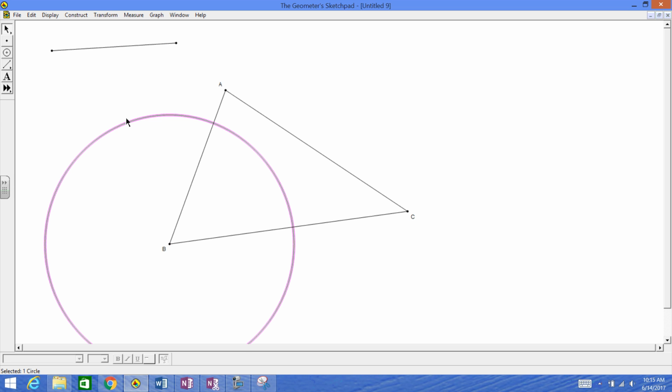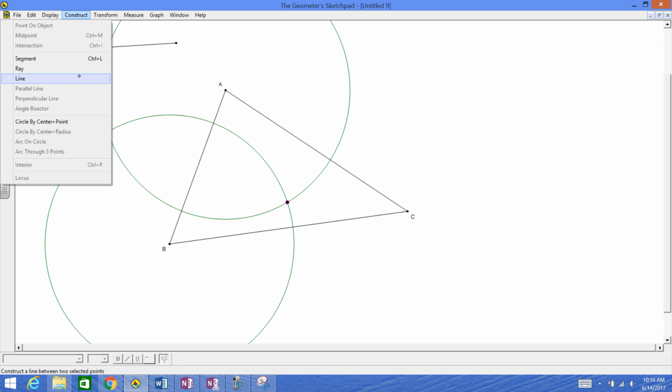Now, whatever radius I choose, I have to then use the same radius around point A. Now, what I just did was these 2 locations are the same distance from A as they are from B. And if I connect those, that's the definition of the perpendicular bisector: all the points the same distance from 2 points.